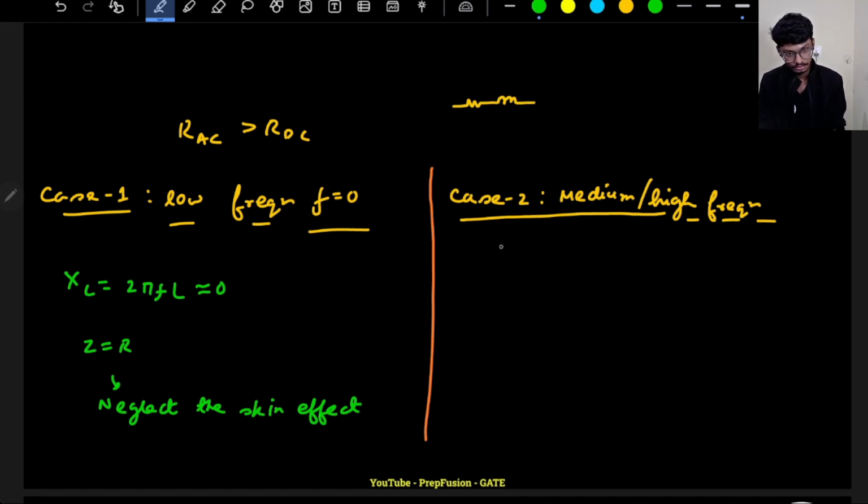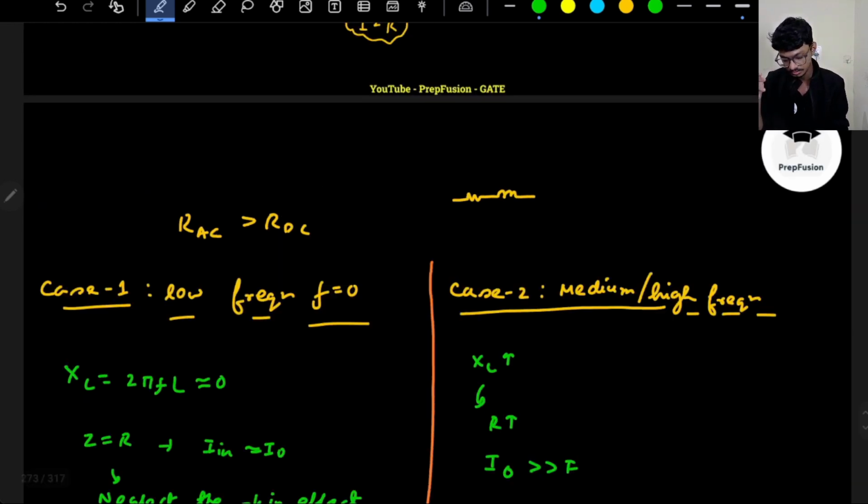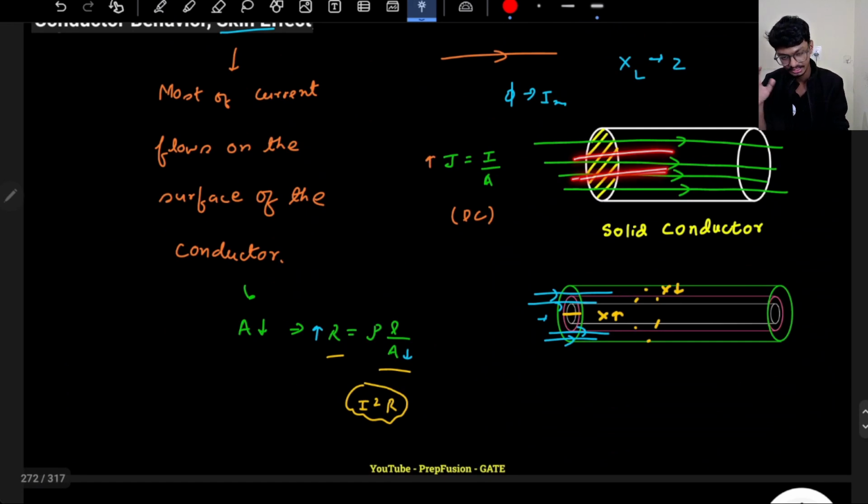The reactance will be considerable in the center, so most of the current will flow through the outside, so resistance will increase. If the resistance increases, of course the outer side current will be higher than the inner side. So here, the current is same, basically inner side current and outer side current is same because it is uniform, inside and outside current is same.